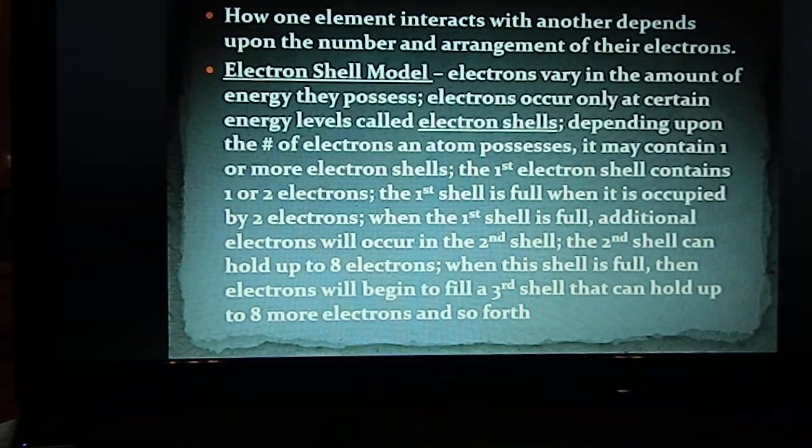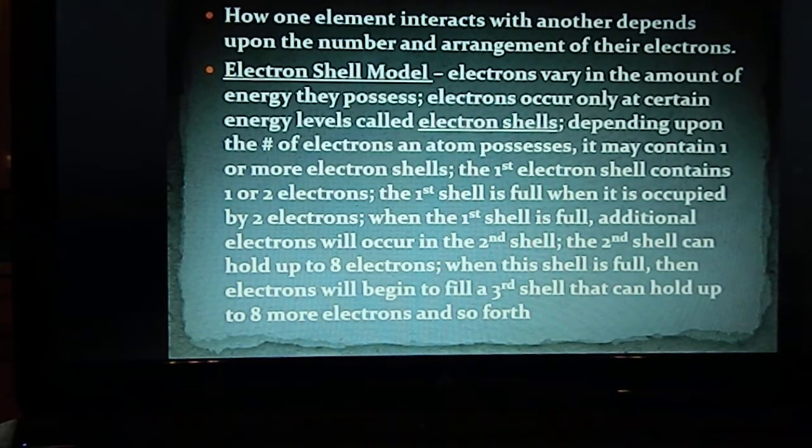So if there are more electrons that the atom possesses, then they get bumped to another energy level, right? So the second energy level or electron shell can hold up to 8, all right? And so if your atomic number is 7 and the first shell can hold 2, then the second electron shell can hold up to 5, right? 2 plus 5 is 7, right?